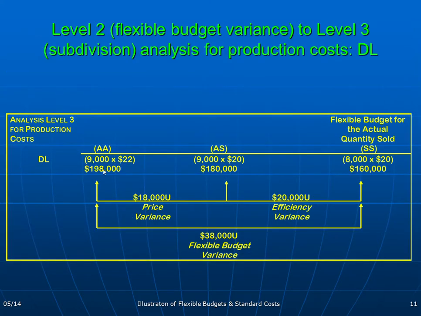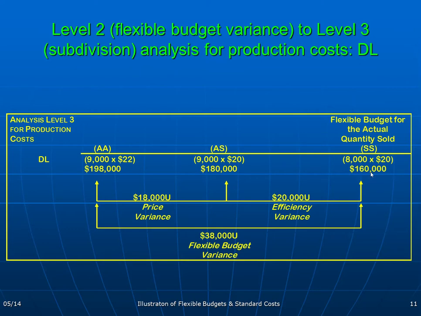Okay, so when we come here to direct labor, plug in our numbers, 9,000 direct labor hours at $22. That's our actual direct labor cost. Actual quantity, standard price. We're holding quantity constant, allowing price to change. We're squeezing out our price variance, which is 18,000 unfavorable. Over here, the standard quantity of input for the actual level of output would be 8,000 units.